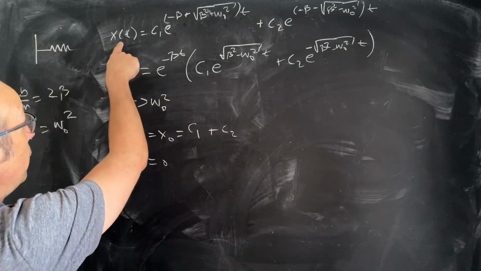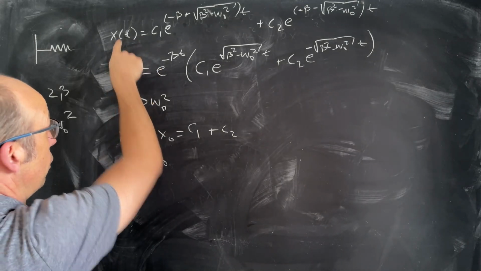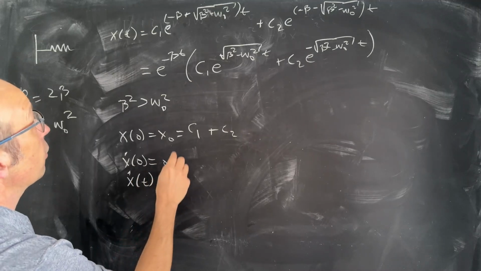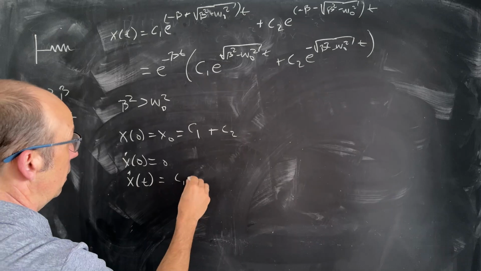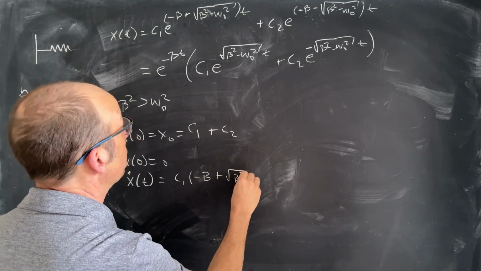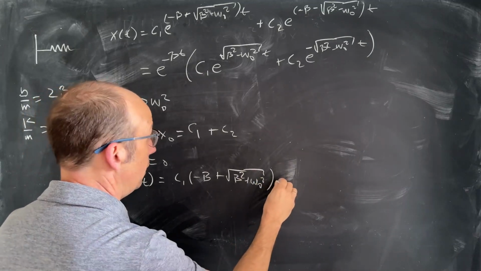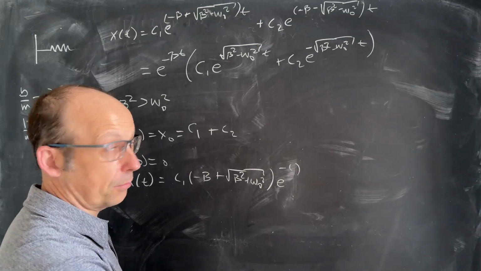Now, if I want to find another relationship, I can take the derivative up here. So let's say x dot as a function of t is going to be equal to this whole thing. So it's C1 times negative beta plus the square root of beta squared minus omega naught squared times e to the negative stuff. I'll just put stuff. I don't really care about that because I'm going to put in t equals 0.